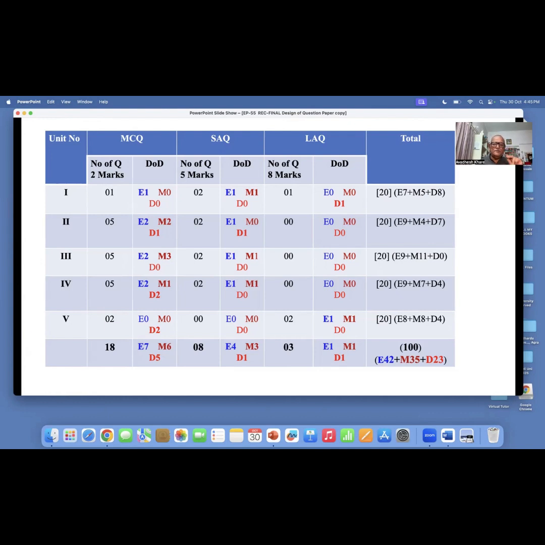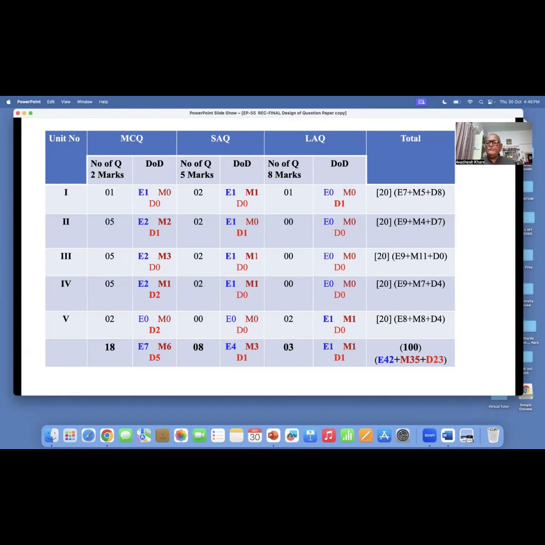Unit 4, E9, M7, D4: so we have 9 marks easy questions, 7 marks moderate questions, and 4 marks difficult questions.